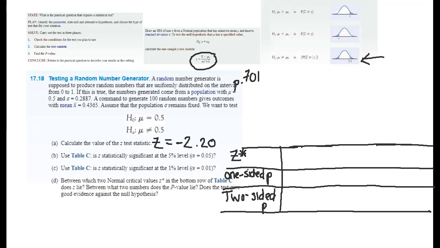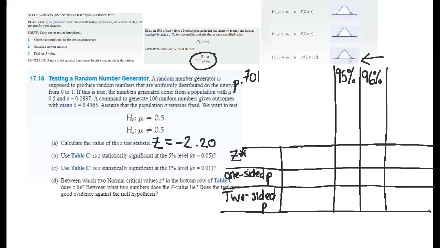You're also going to find and locate for this problem the 95% confidence interval, the 96%, these confidence intervals represent confidence levels, right?